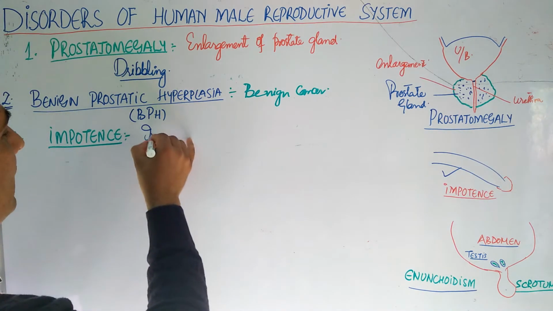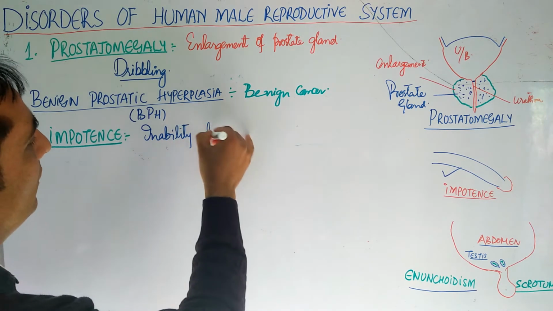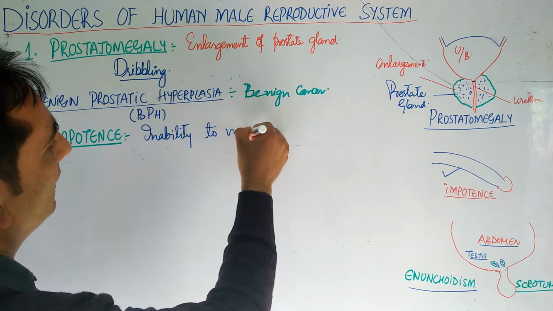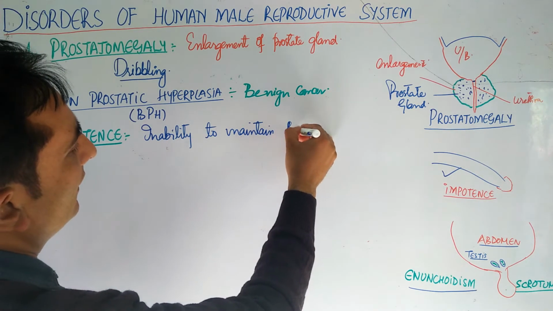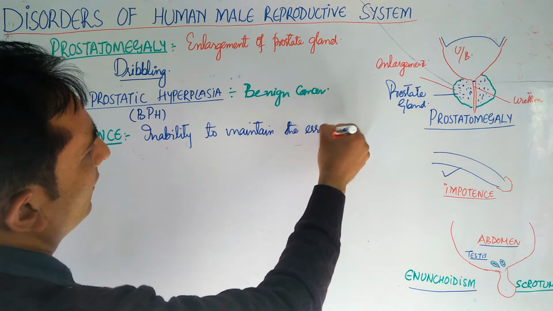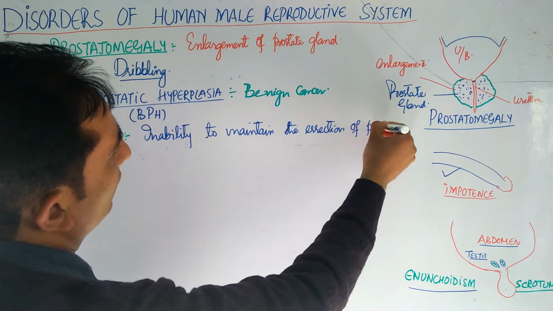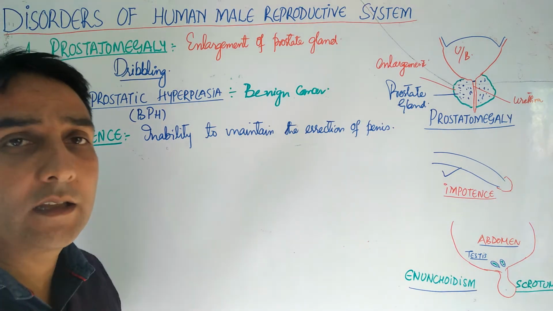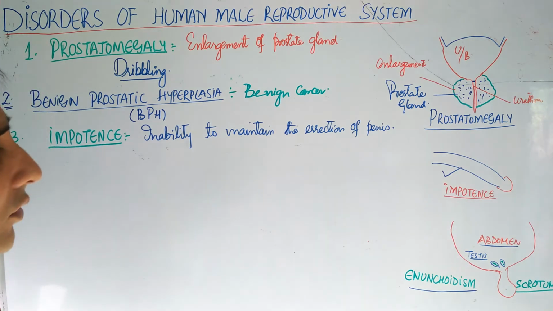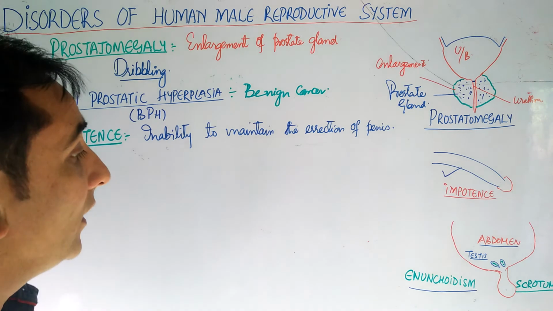So in impotence, the person fails to maintain the erection of the penis long enough to engage in sexual intercourse. It results in sterility.